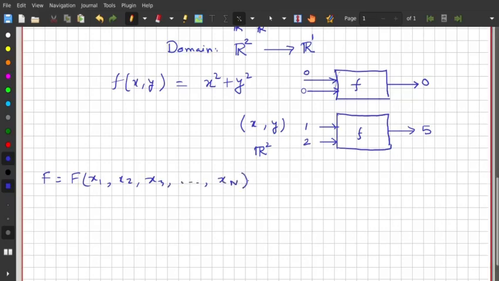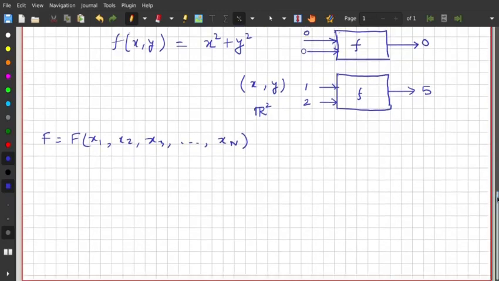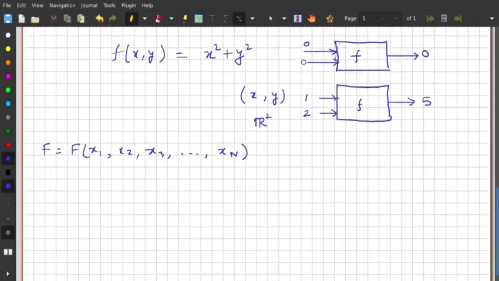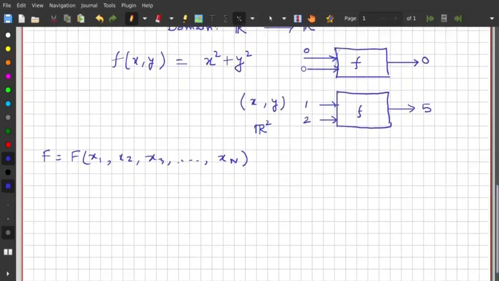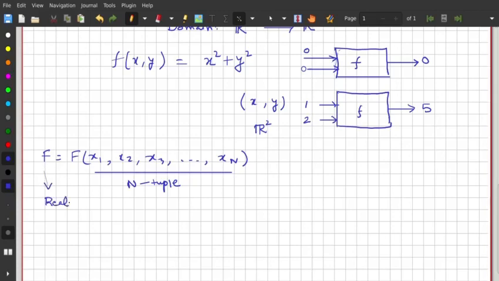This is a function of, let's say, n variables, and the same idea holds. You give it an n tuple, and it provides a single real variable as an output. So this is a real number.